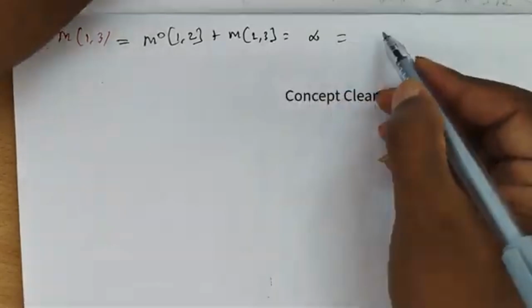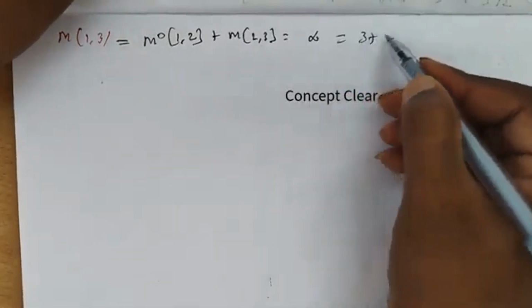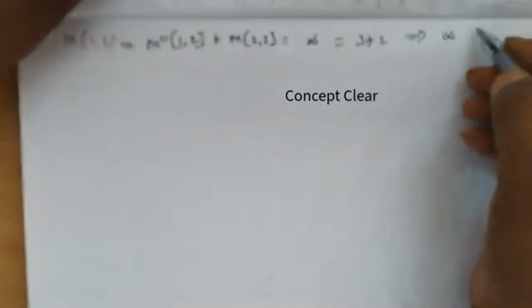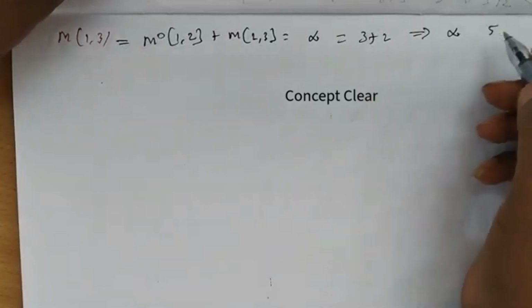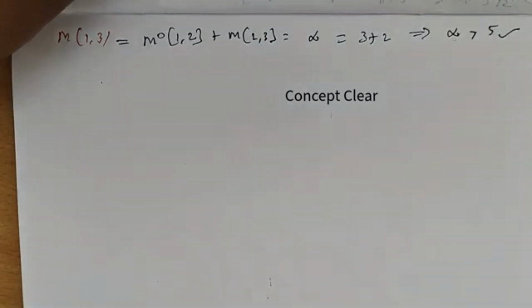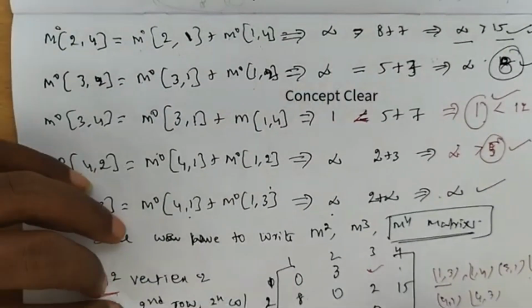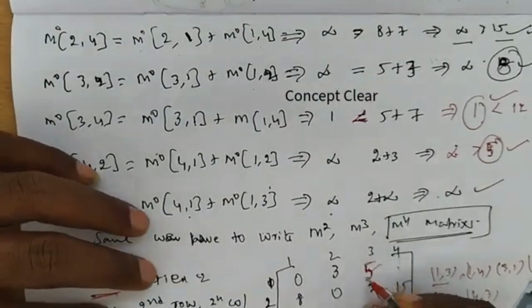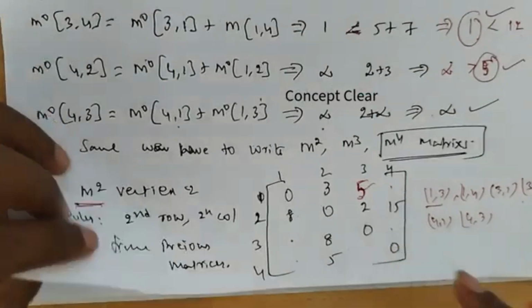And what about the left side? 1 to 2 value is 3 plus 2. Okay, if we are comparing infinity and 5, which one is the least value? Here infinity is greater than 5, so we have to consider 5. So here the value is 5.